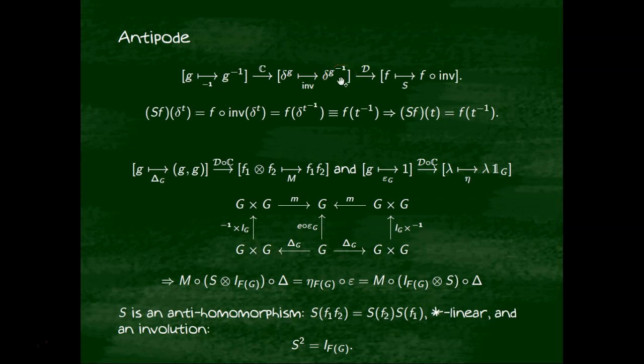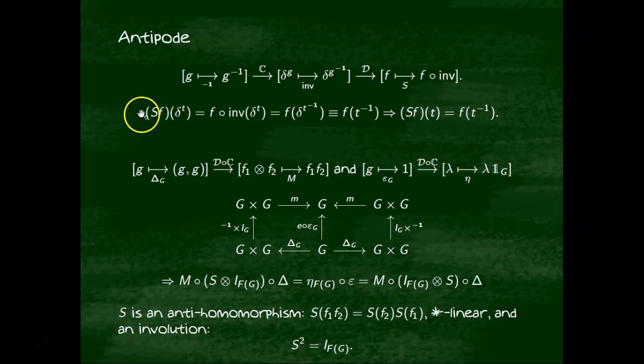And then you apply the dual endofunctor here, and what you end up with is a map called the antipode, and again it is the dual of the inverse, so it is the transpose of the inverse. In other words, the antipode says if you want to apply the antipode to S, you apply first the inverse and then you apply the function.